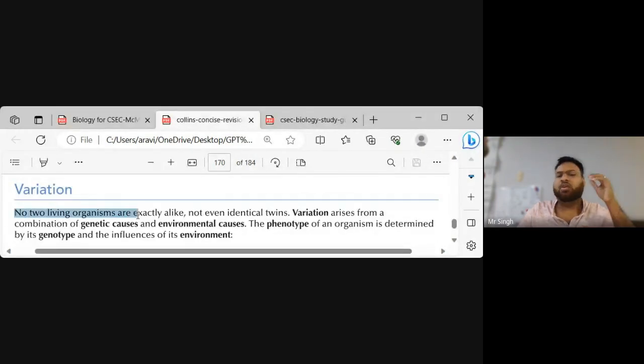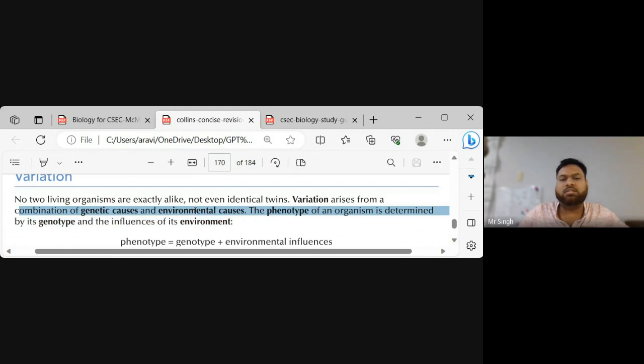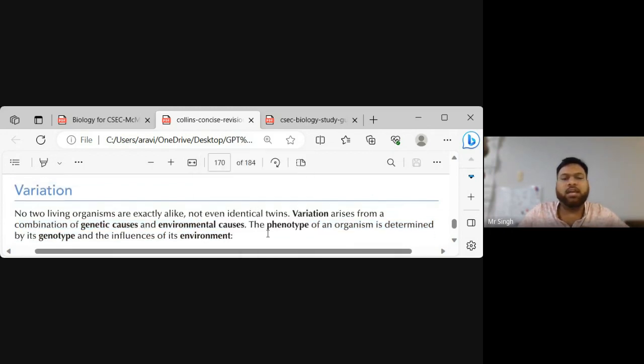No two living organisms are exactly alike, not even identical twins. Variation arises from a combination of genetic causes and environmental causes. The phenotype of an organism is determined by its genotype and influenced by its environment. We can deal with phenotype and genotype as we move on, but we just want to describe what variation means. So quickly take that down.